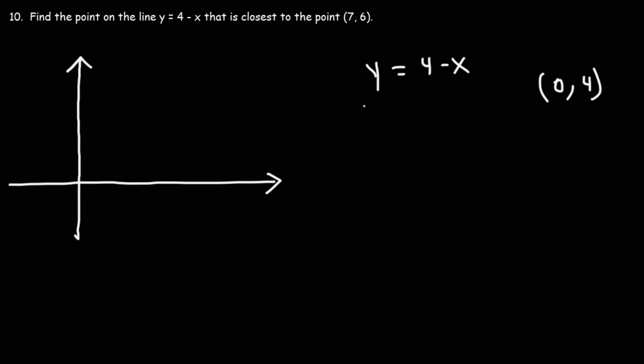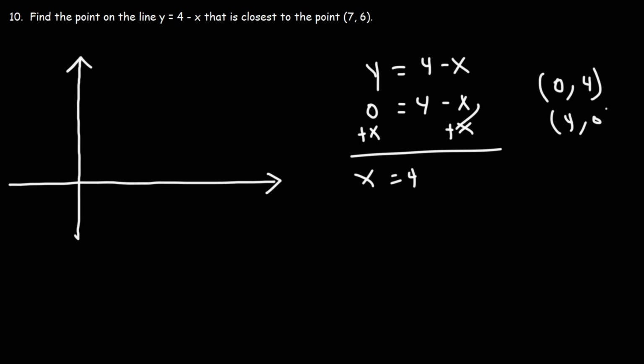To get the x-intercept, we need to plug in 0 for y and solve for x. So we get an x-intercept of 4. So we got the point 4 comma 0.